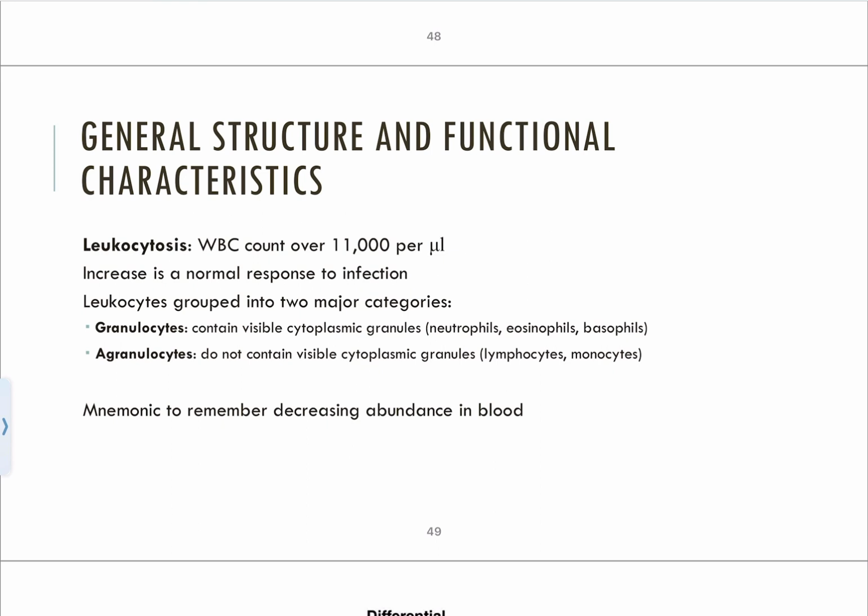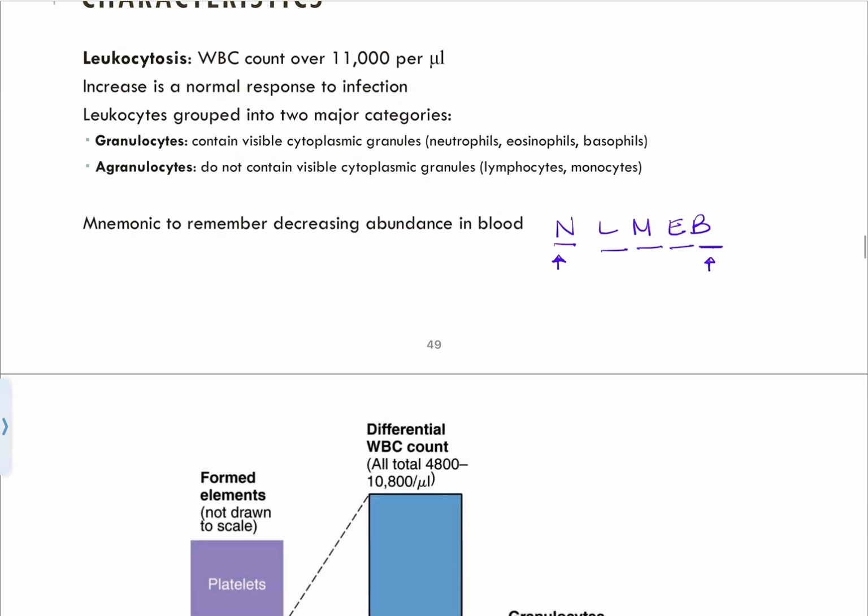There is a mnemonic for it, and it is never let monkeys eat bananas. So neutrophils, lymphocytes, monocytes, eosinophils, and basophils. Neutrophils are in the highest abundance, and basophils are in the lowest abundance.